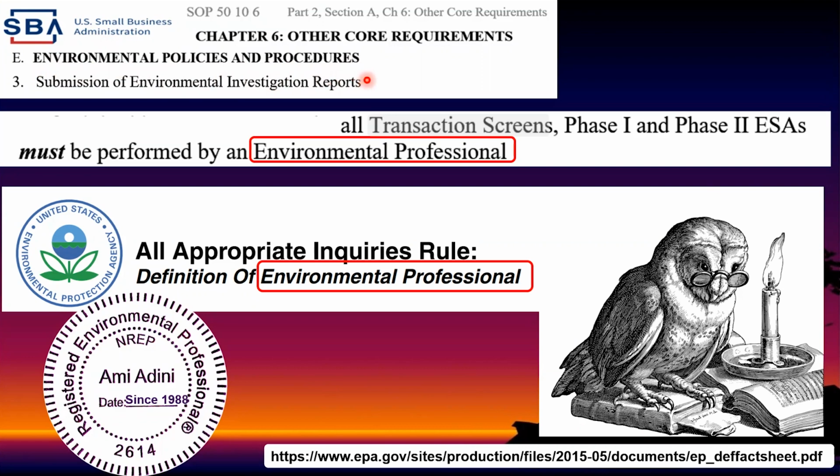Now, the SBA, which stands behind maybe most of the commercial and industrial financing transactions, demands that environmental reports be submitted on a lot of these transactions. They have a checklist to check whether or not environmental reports are needed for your transaction.